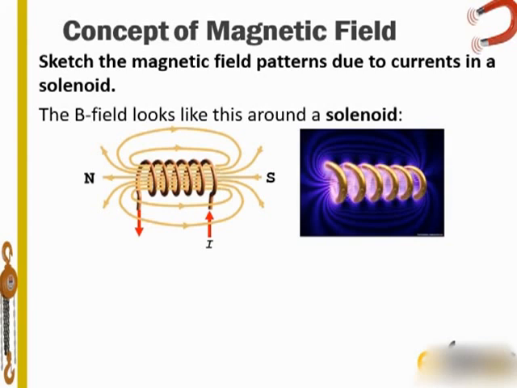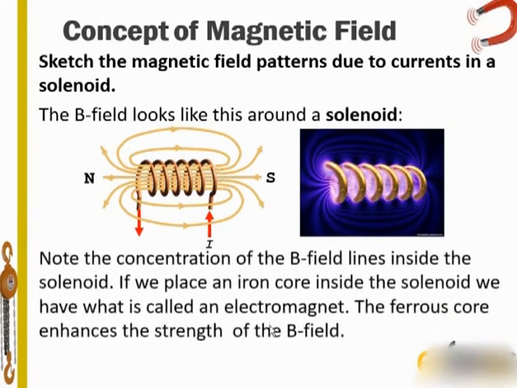And you should know that the concentration of the magnetic field lines, the B lines, inside the solenoid is very high in terms of the magnetic flux. So the concentration is extremely high inside of the actual coil.